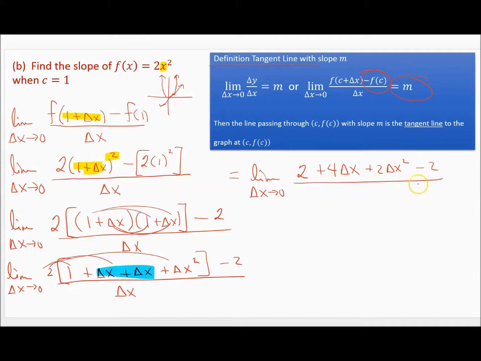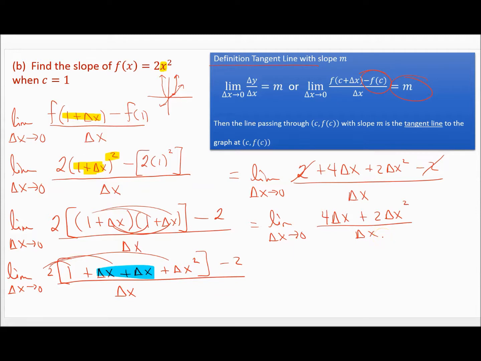That's all divided by delta x. I continue. That's the limit as delta x approaches 0. The 2 minus 2 cancels. So now I have 4 delta x plus 2 delta x squared divided by delta x.